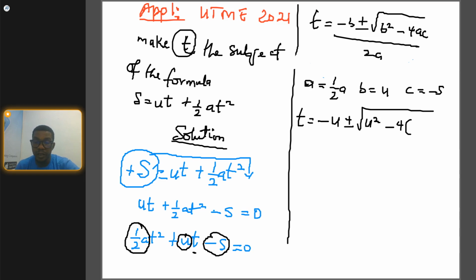Close your brackets, then open another bracket. What is C? C is minus x. Everything over 2a, which is 2 in brackets 1 over 2a. I believe that is clear to us.